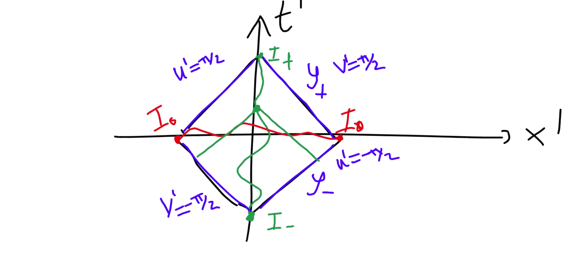So that's the past light cone and that's the future light cone, and the observer cannot go that way or that way. All right.